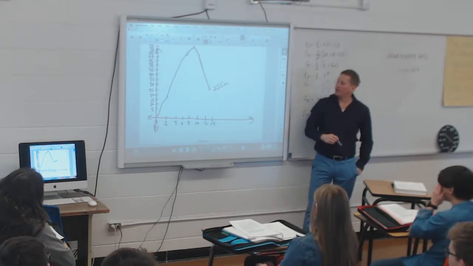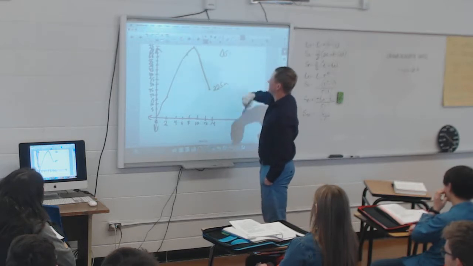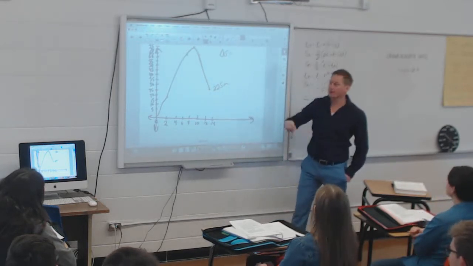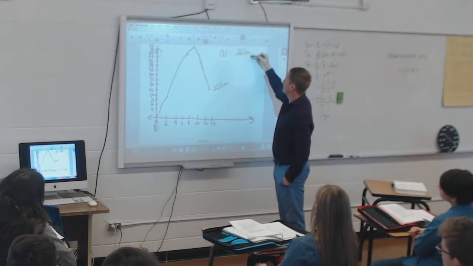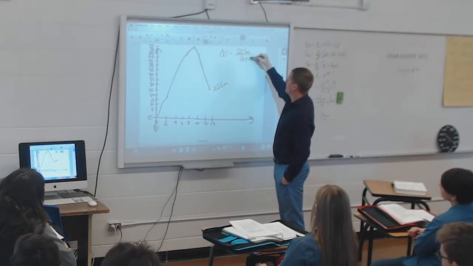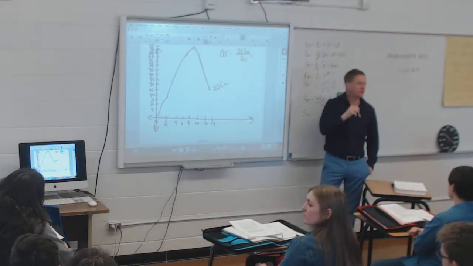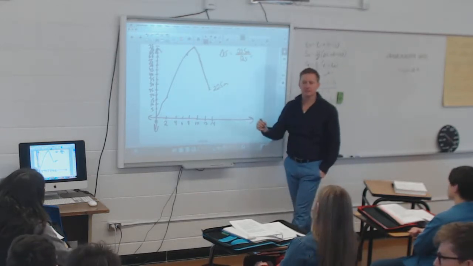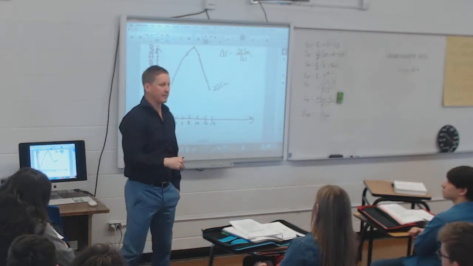Okay? So, now when I ask you what the average velocity is for that trip, you have to take your displacement and divide it by your time. So I do not use velocities to find my average velocity. I use displacement and time to find it.